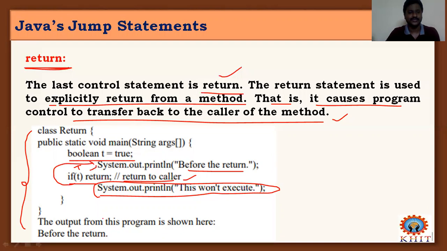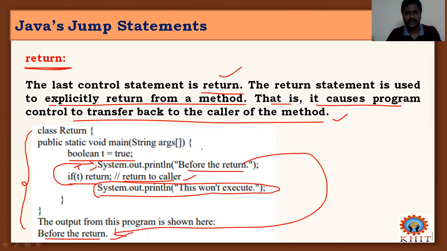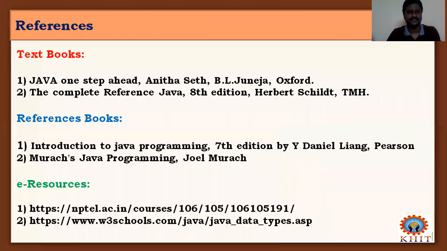So that's why it simply displays only the statement given here, before the return. After return, it doesn't go to any further execution. This is the use of the return statement, which causes program control to transfer back to the caller of the method.